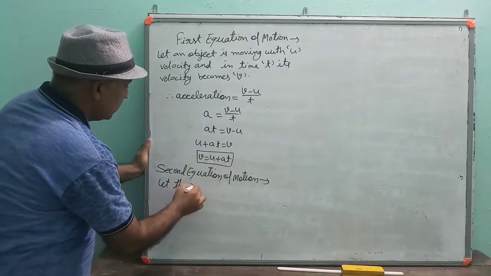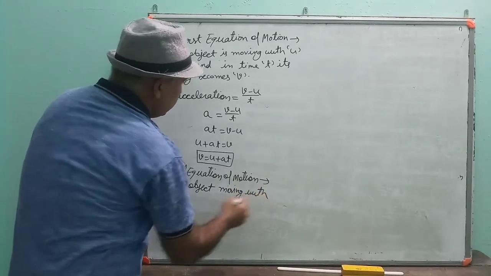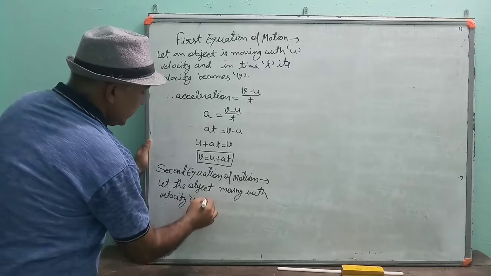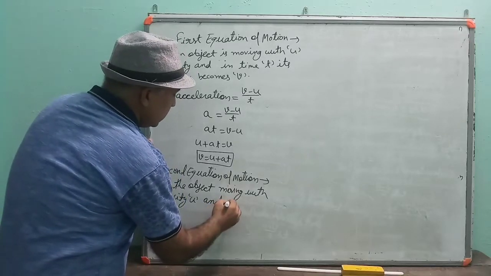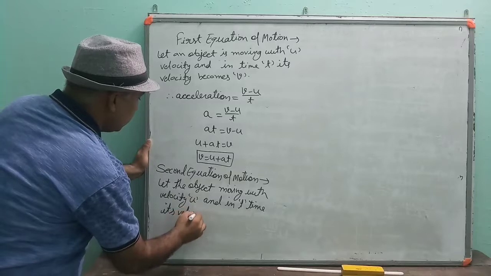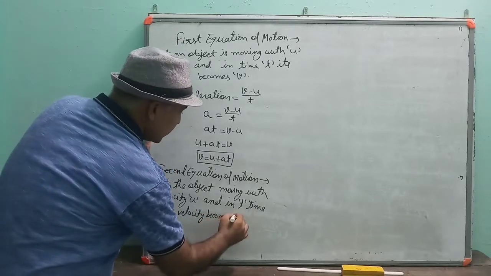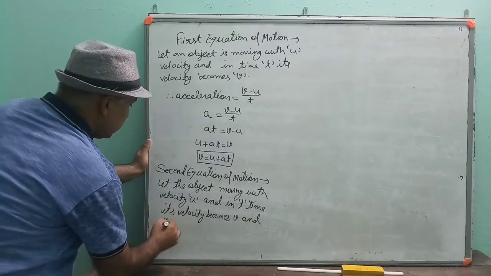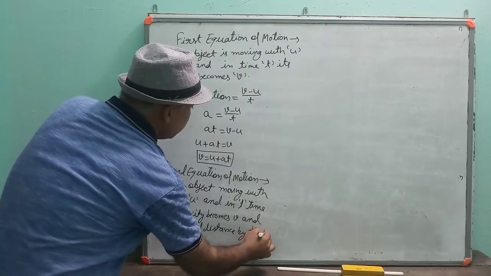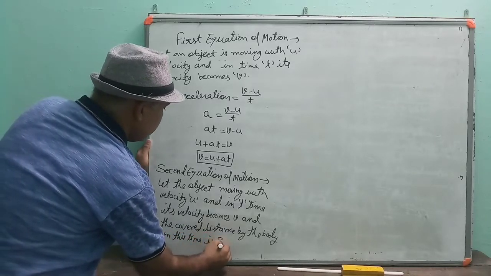Let the object be moving with velocity u, and in t time its velocity becomes v, and the distance covered by the body in this time is s.